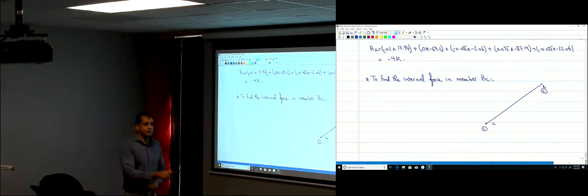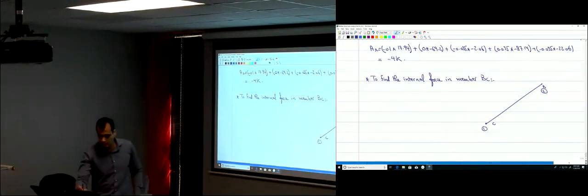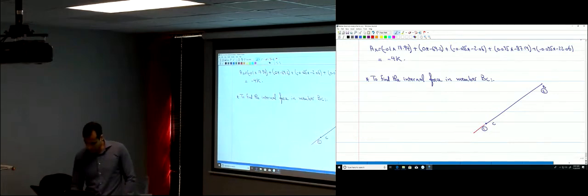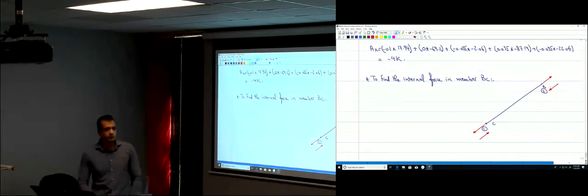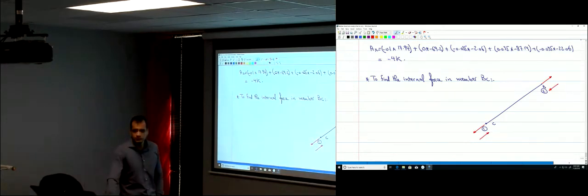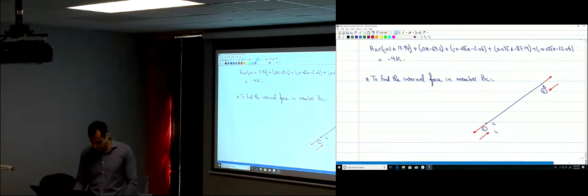The force in the member is an axial force, right? It can be like this or like this. That's a truss member. It can only have a normal force. There is no shear, there is no moment, right? The normal force is in the direction of the member, either tensile force or compression force, okay?